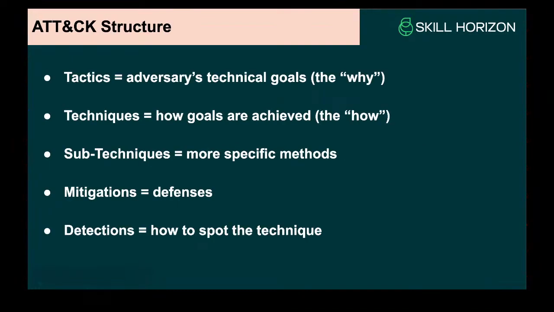Then, if we talk about the ATT&CK structure, in this structure there are five main components. The first is tactics. That means the adversary's technical goals. That means the why. Why the attacker launched this particular attack, what the attacker wants to achieve. So with tactics, you want to know what attackers are thinking in their mind. Then techniques.